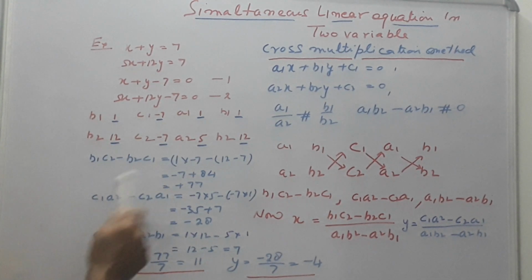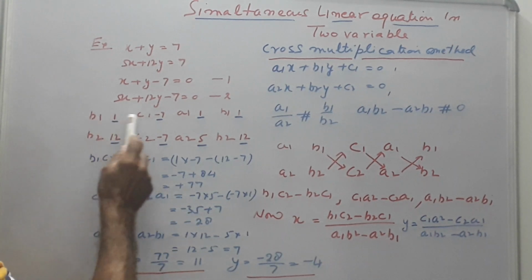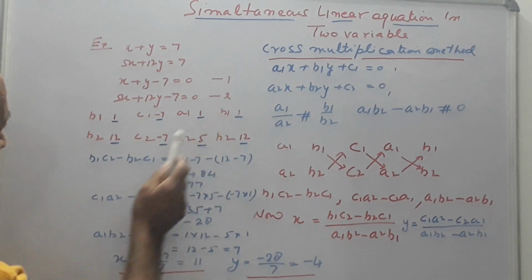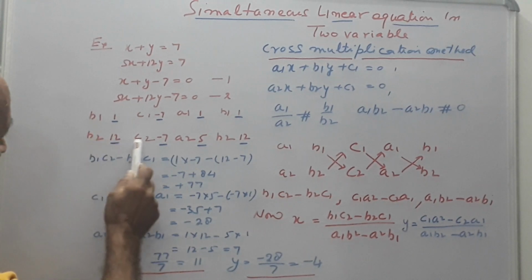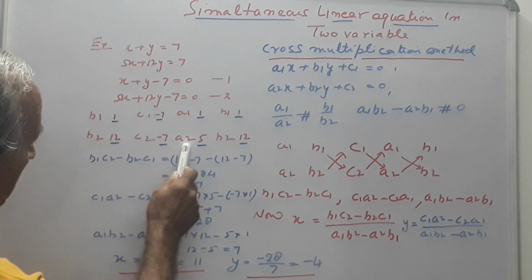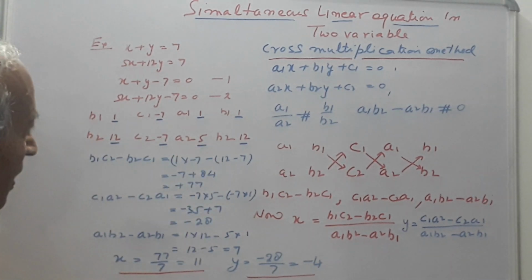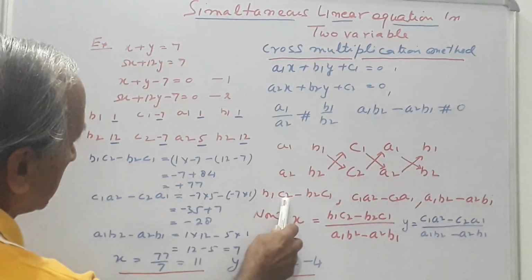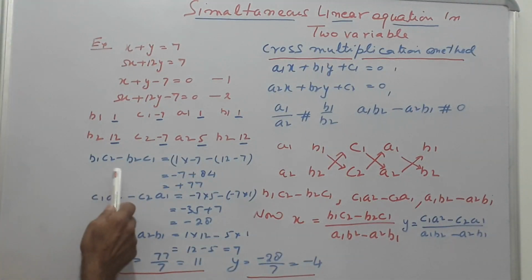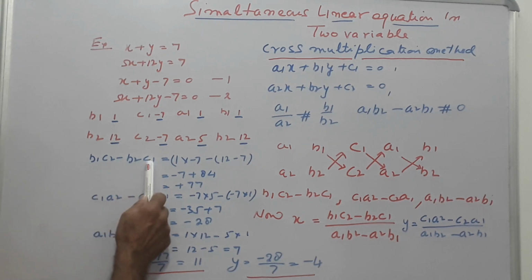Now we write the coefficients b1 c1 a1 b1 and b2 c2 a2 b2. Now the first is b1 c2 minus b2 c1.